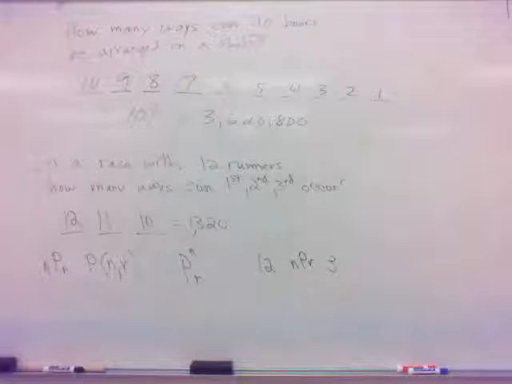Put in the 12. Did you put in your 12? And then yours is right here, of the x. So hit Shift, times, and then the 3. Then Enter. Okay? Everybody find it?